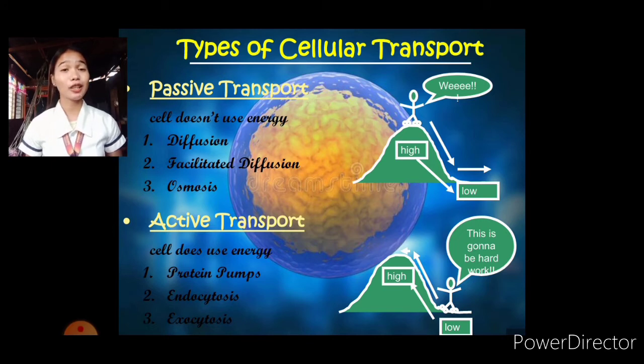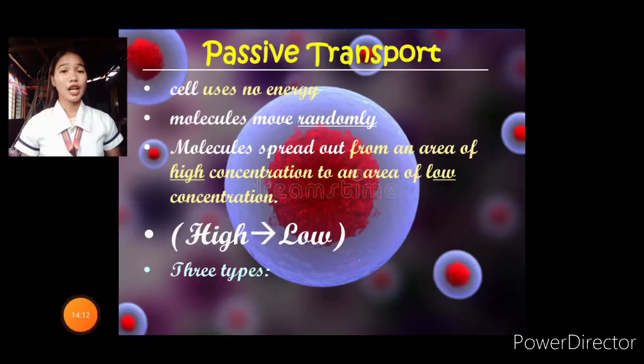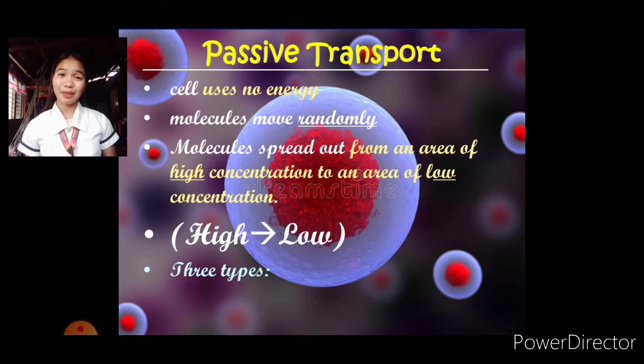First, let's define what passive transport is. In passive transport, class, as I said, the cell uses no energy. It is a naturally occurring phenomenon and does not require the cell to expend energy to accomplish the movement. The molecules move randomly, without specific patterns or direction.